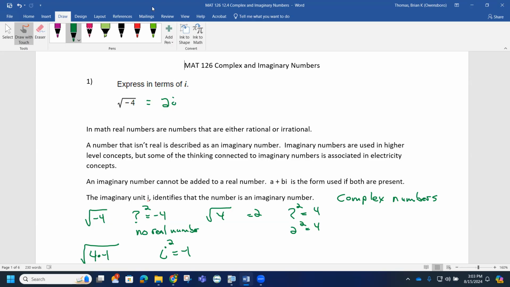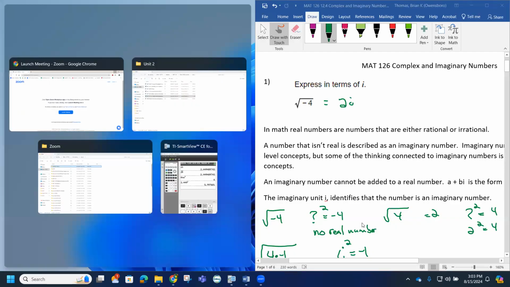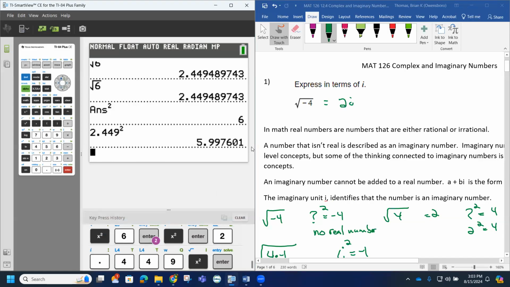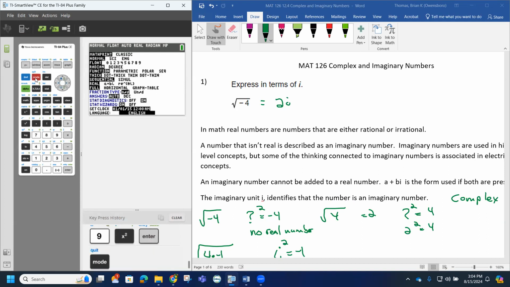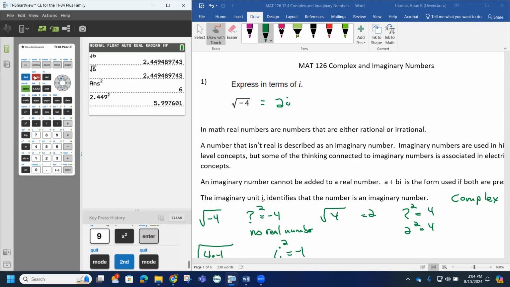Now, let's see if we can make this happen on a calculator as well. On your calculator, you do have a mode key right up here. Notice how down here, kind of close to the middle, it says real. Right now, my calculator is in real mode. If I quit that, so quit is right above mode, second mode, you'll get out of that.